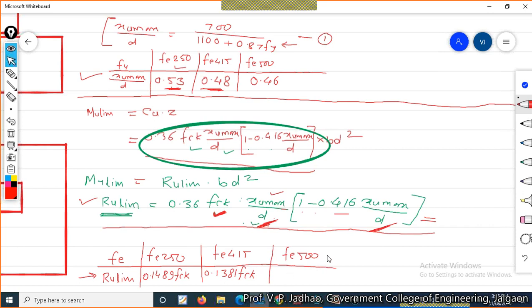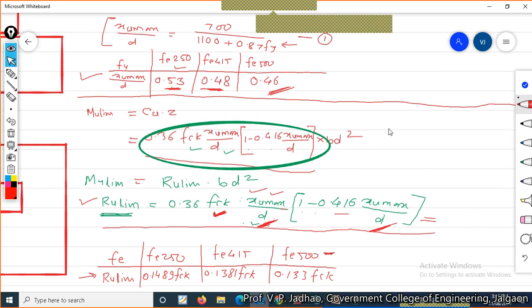And again, we know the value of xu max upon d for Fe 500 is equal to 0.46. Put this value of 0.46 in place of xu max upon d, so we get the value of Ru limiting equal to 0.133 into fck. So this is how we get the value of Ru limiting.